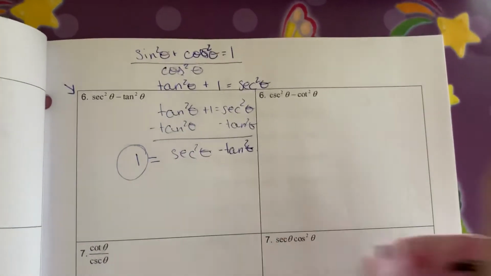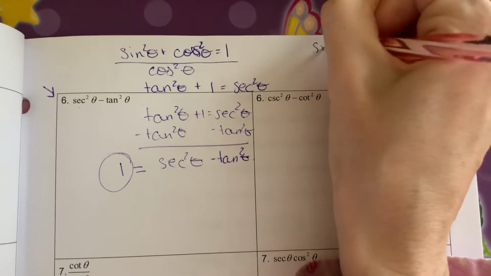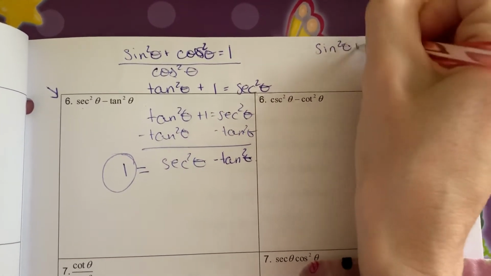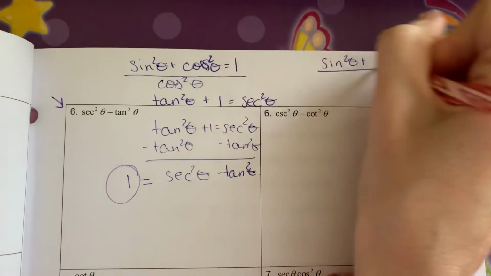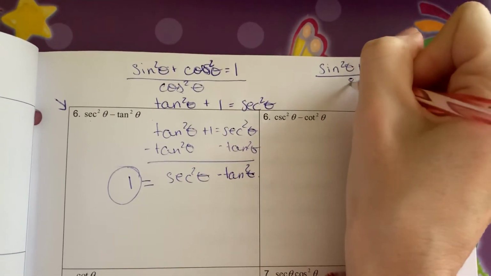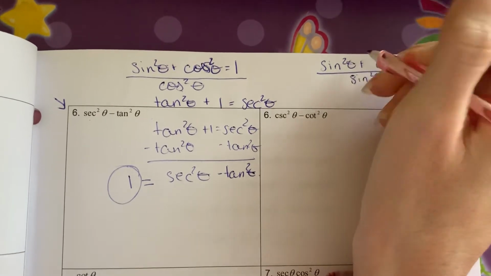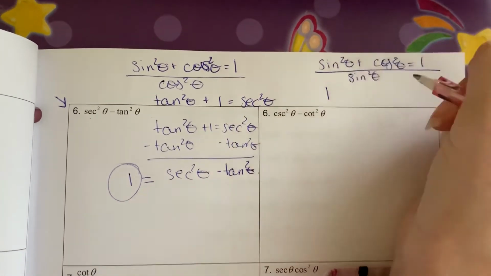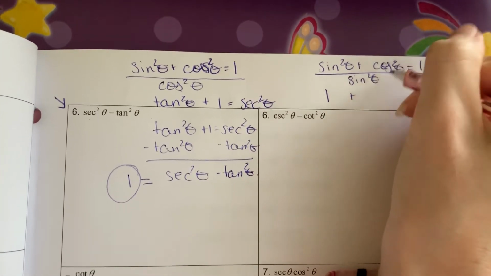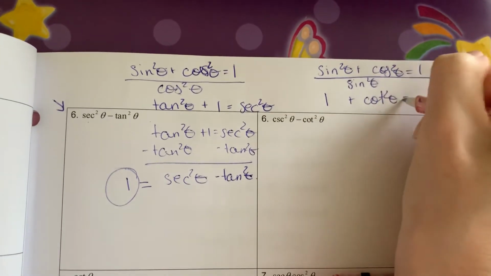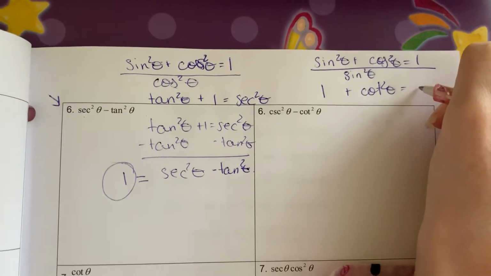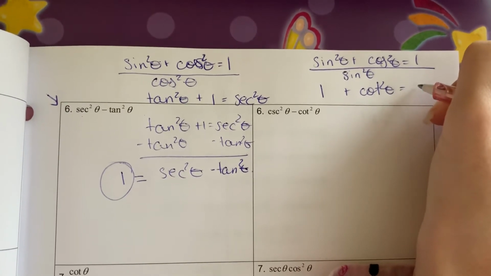Now let's go back over here, right to the beginning. Sine squared plus cosine squared equals 1. Now this time, let's divide everybody by sine squared. Sine squared divided by sine squared is 1. Cos squared divided by sine squared is going to be our friend cotan squared. And 1 divided by sine squared is going to be, who is it?